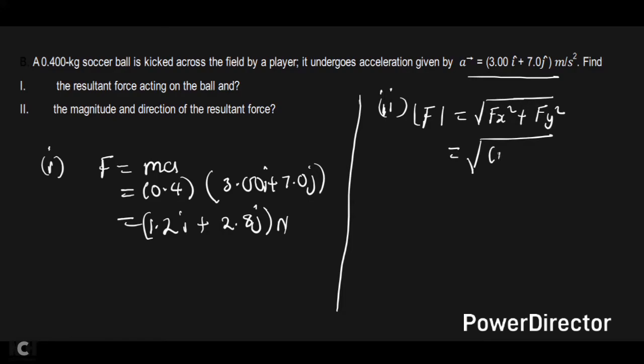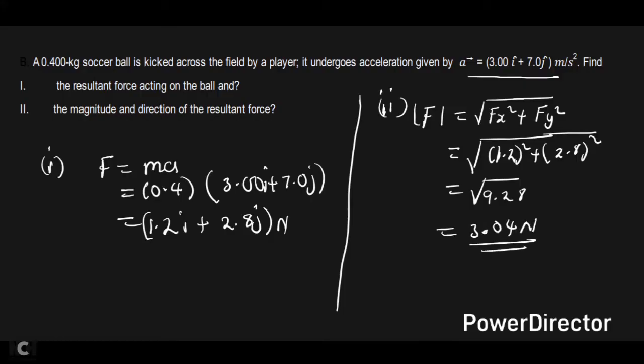We have 1.2 squared plus 2.8 squared, like that. Then you end up to have something like 9.28. Then what will be your answer? Your answer will be 3.04. So that's your force, or the magnitude.